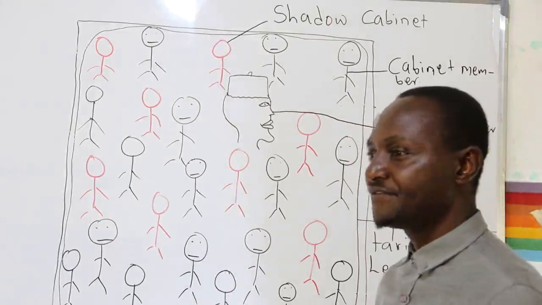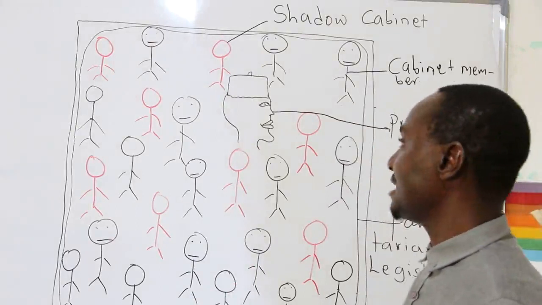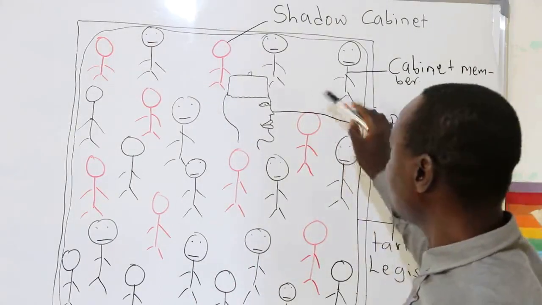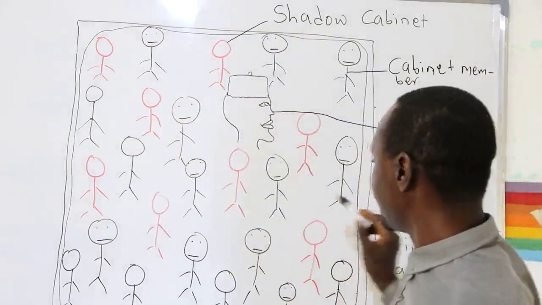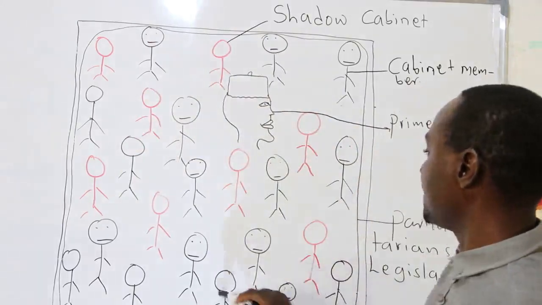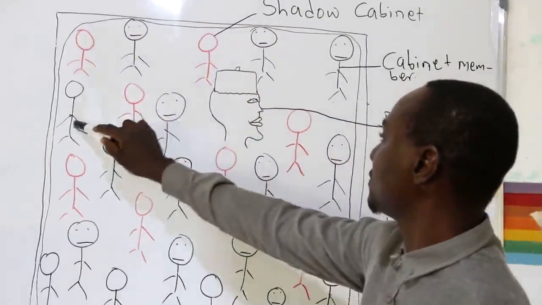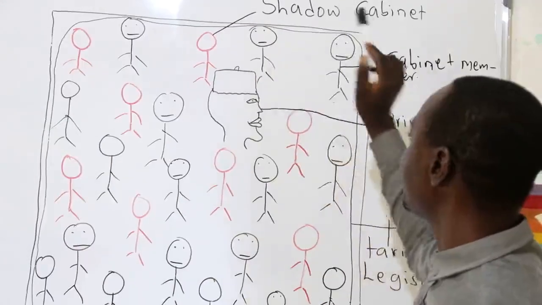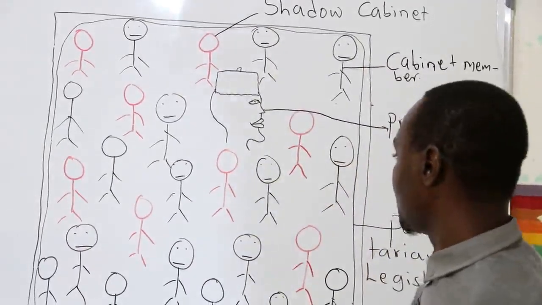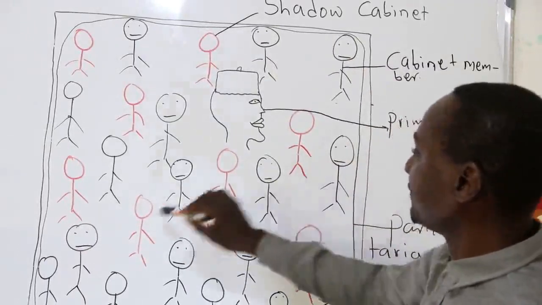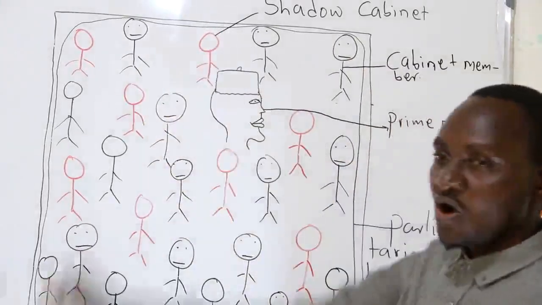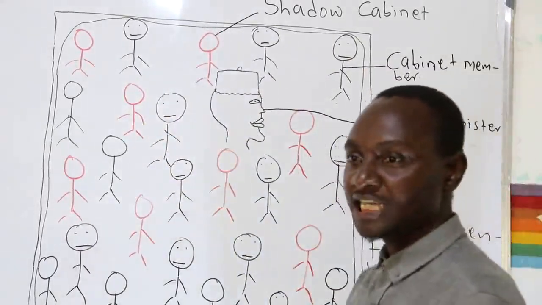That shows that they have very few seats in the parliament. Now, if you count the whole of the people here, we have 1, 2, 3, 4, 5, 6, 7, 8, 9, 10, 11, 12, 13, 14, 15, 16, 17, 18, 19, 20, 21, 22, 23, 24, 25, 26. Now, from 26, we just have 1, 2, 3, 4, 5, 6, 7, 8. Only 8 seats are occupied by the shadow cabinet.